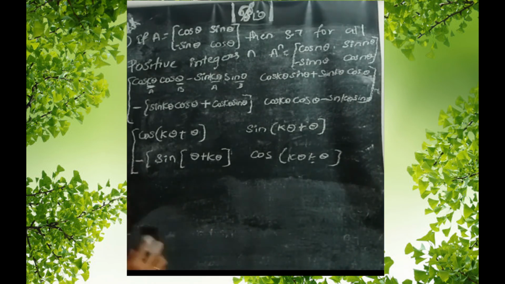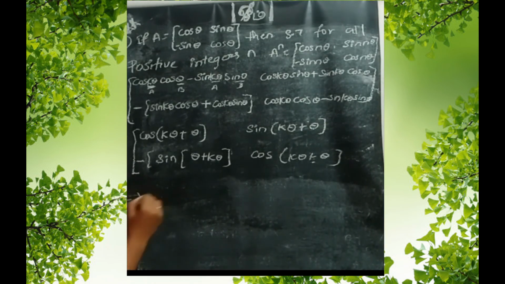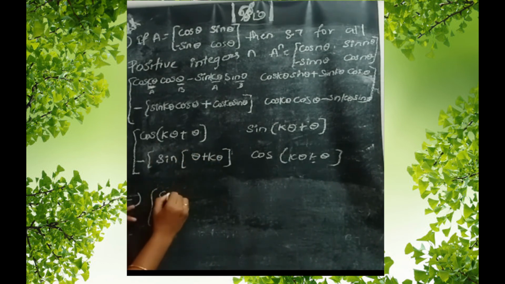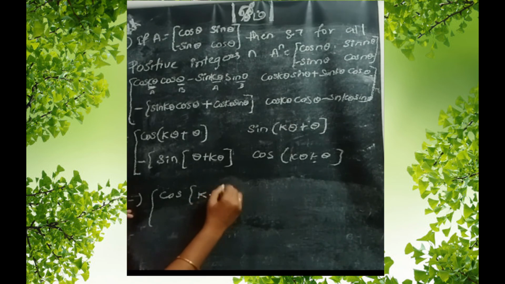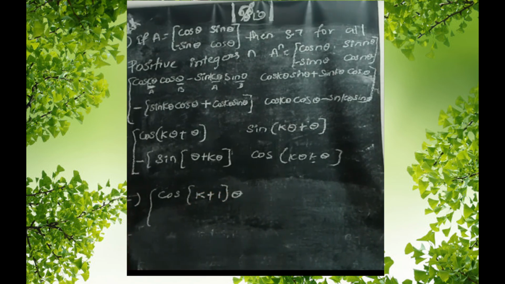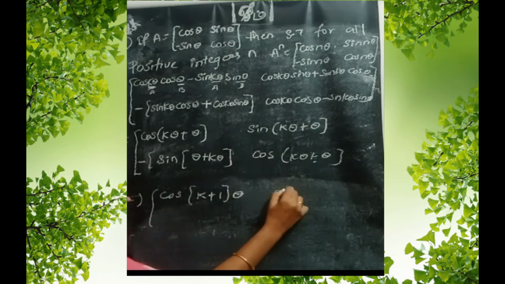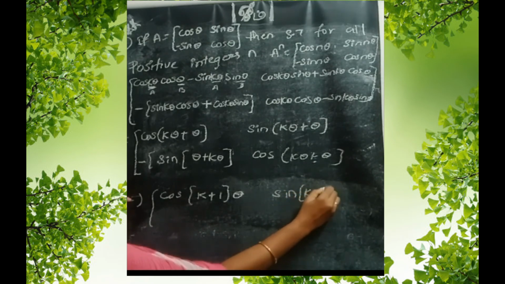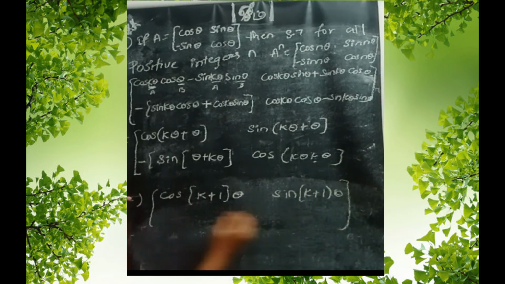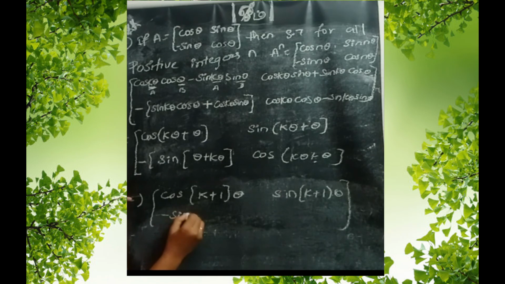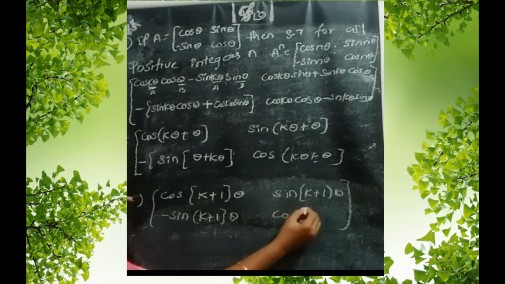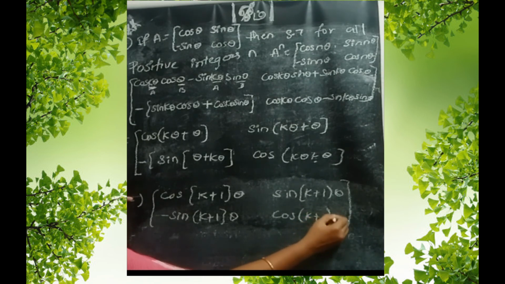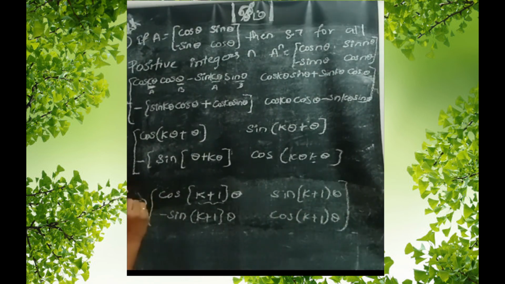Next, take theta as common, so k plus 1 into theta for all the elements: cos of k plus 1 into theta, minus sin of k plus 1 into theta, and so on. Then what's the value for this?